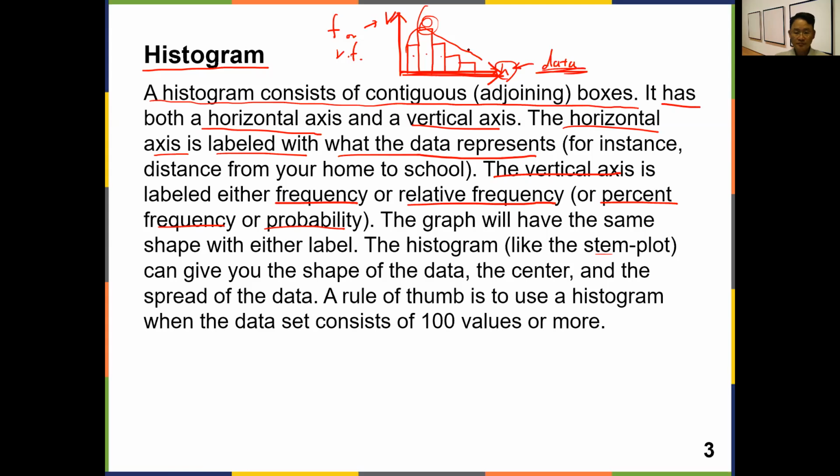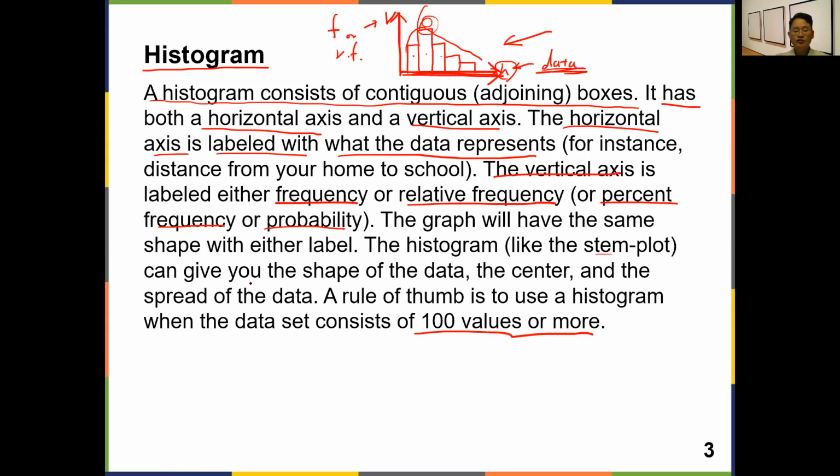Now, the rule of thumb is to use a histogram when the data consists of 100 data points or more. So when you have 100 data points or more than 100 data points, then you build a histogram to present the data.